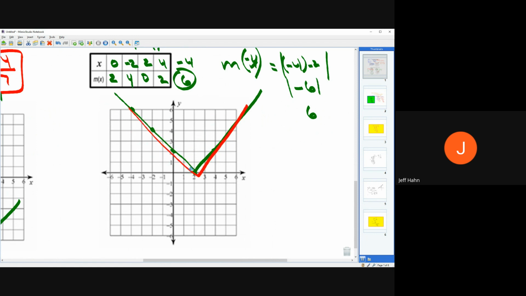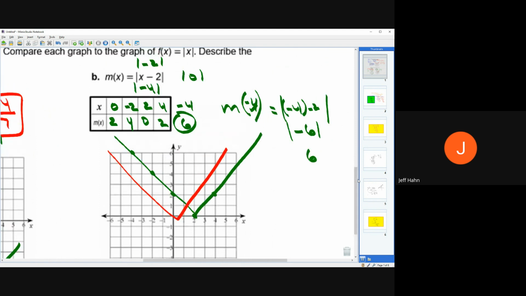The other one was vertical. But here's the thing to remember: look, which way did it move? Both 2, positive. But this was a negative, but it moved positive. Just keep that in mind, because it's going to be opposite of what you're seeing.